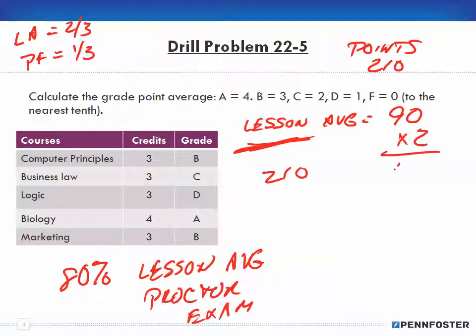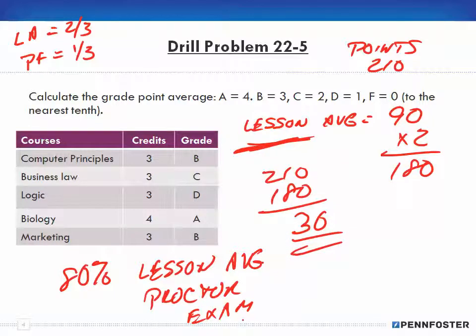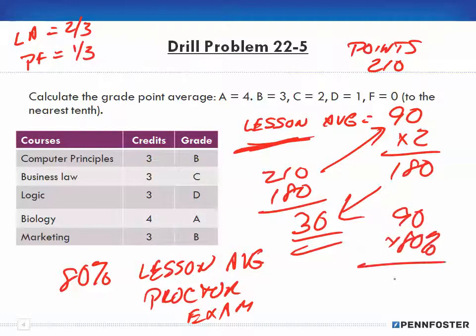You multiply that by 2, that's 180. 180 from 210 means you only need a 30 on your proctor exam. And to be honest with you, if you're getting an average of 90 in your lessons because you're studying and focusing on the material, then it's almost a no-brainer to get a 30, because 90 times 80%, you're going to get around the 70, 75 at the most on your final exam, on that proctor exam.